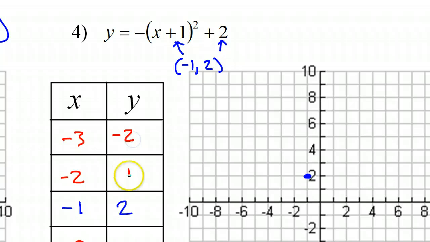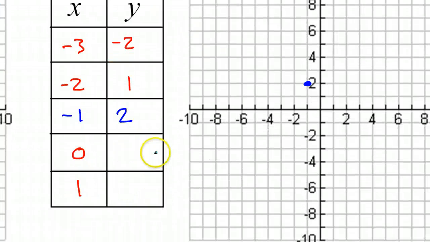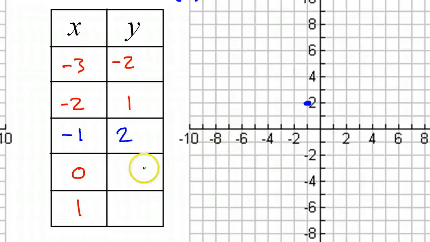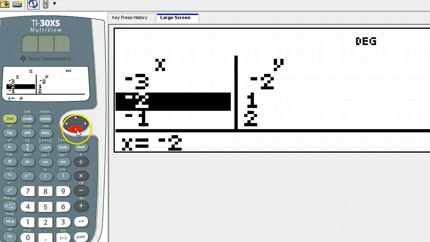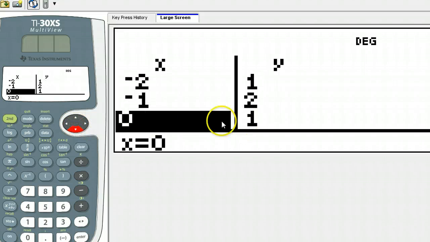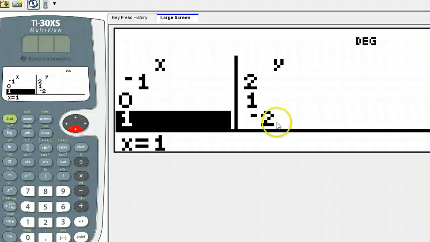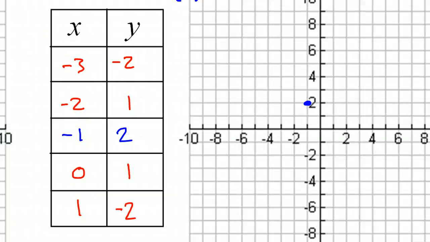Alright, so there's our negative 2, our 1, and there's the 2 that we knew we would find. Now, because of the symmetry of a parabola, we know that this y value is going to be 1, like this one, and this y value will be negative 2, like that one. But it's always good just to verify that looking on the calculator. So there's the 1, and there's the negative 2 that we predicted.